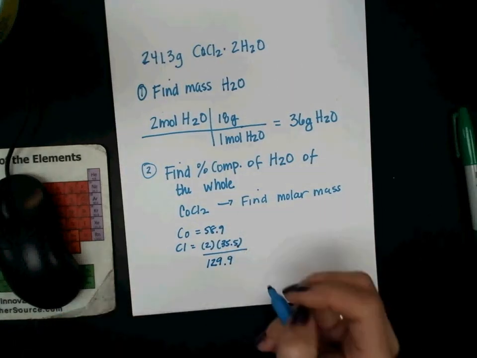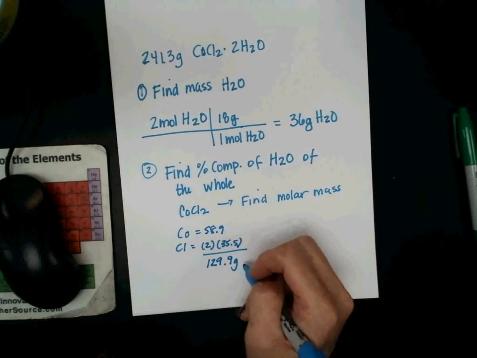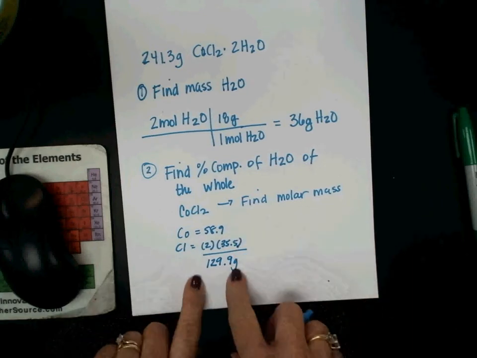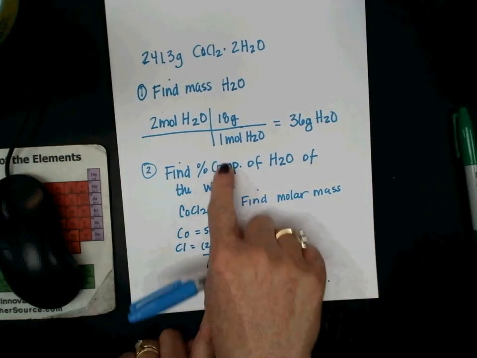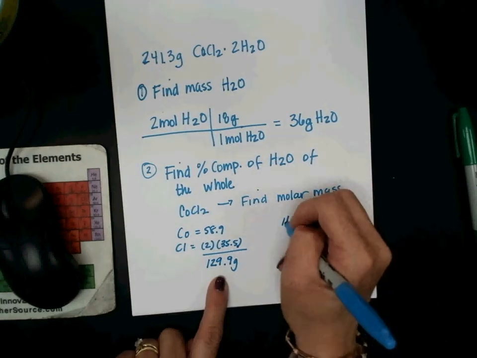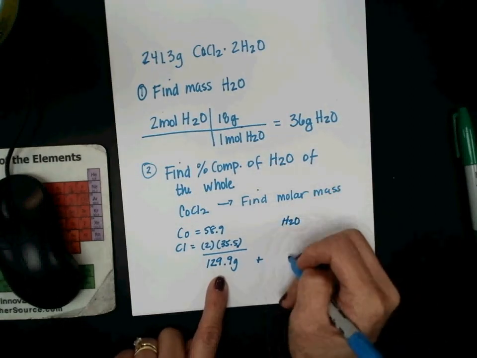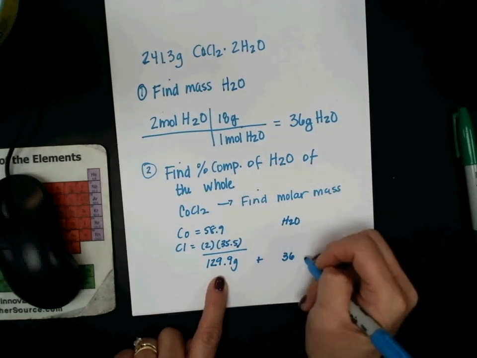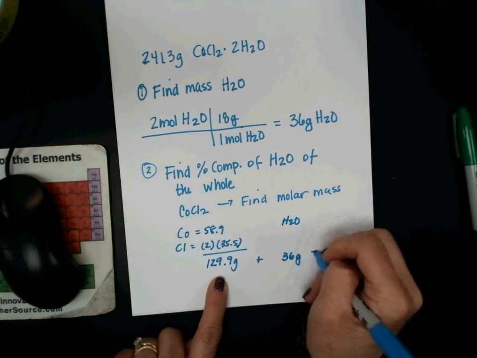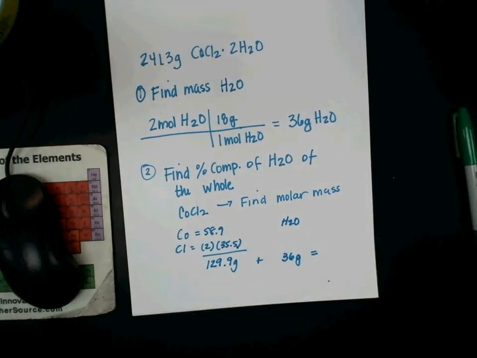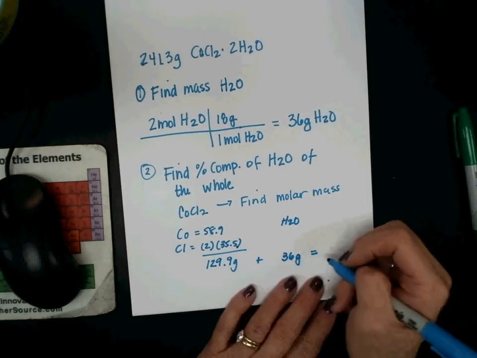Yeah, grams. All right, so that's my cobalt chloride part. Then if I want to know the whole molar mass, I have to add my part water, right? My 36 grams. That would give me the whole molar mass of the compound. So what is that? 129.9 plus 36. 165.9?